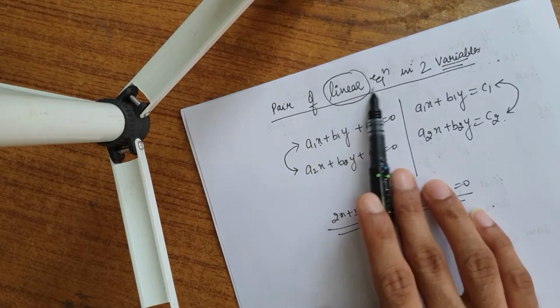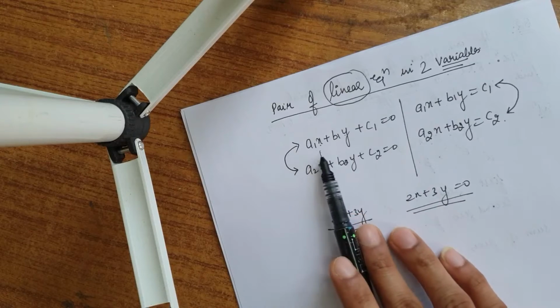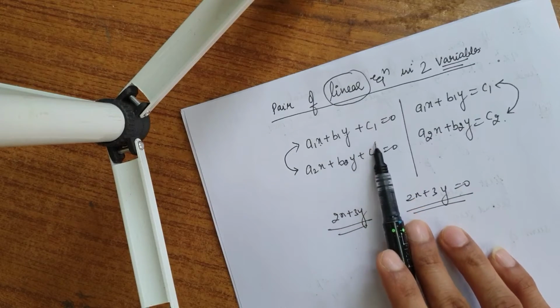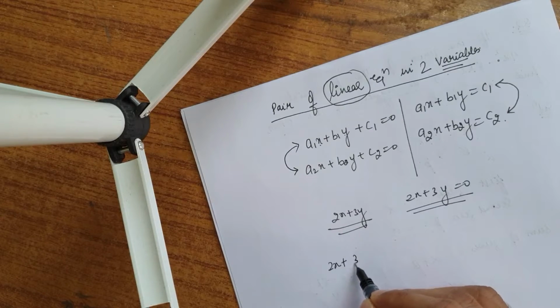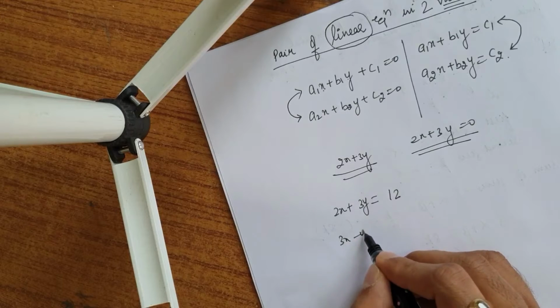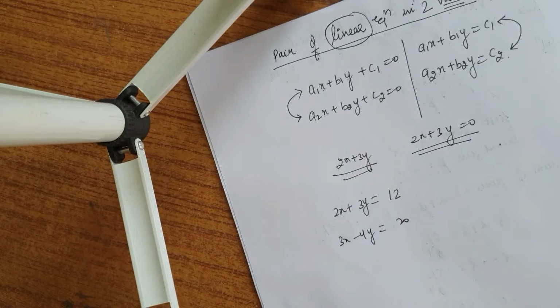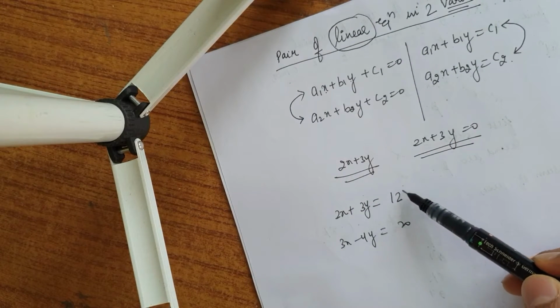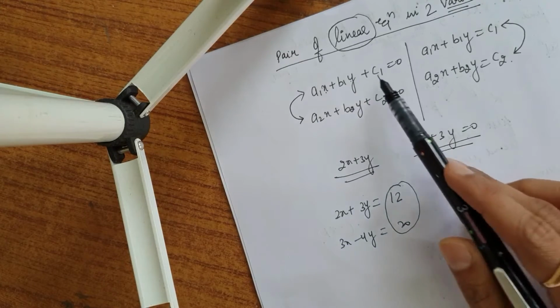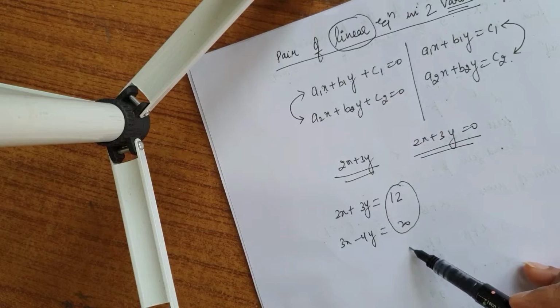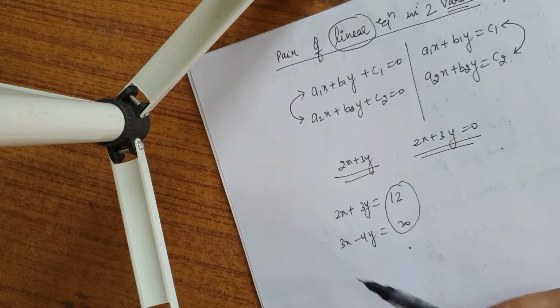x and y are called the variables. What are c1 and c2? c1 and c2 are constants. For example, if I write the equation 2x plus 3y equals 12 and 3x minus 4y equals 20, here 12 and 20 are called the constants, classified as c1 or c2. x and y, as you know, are variables.